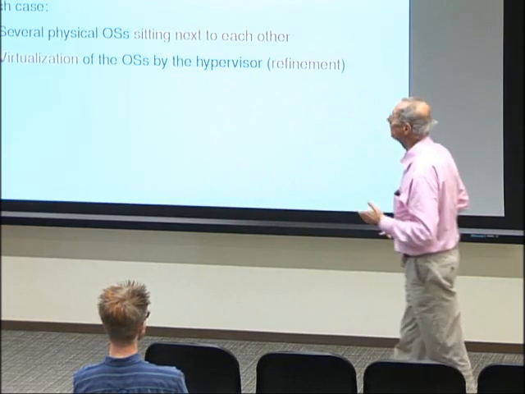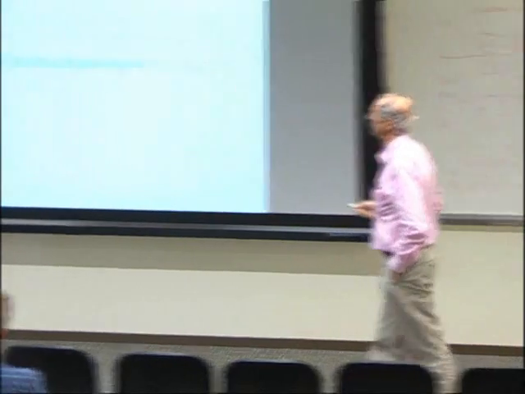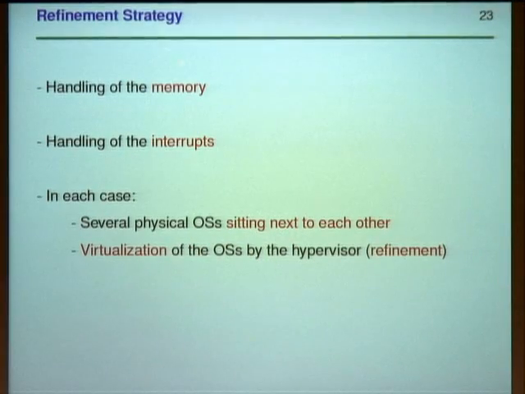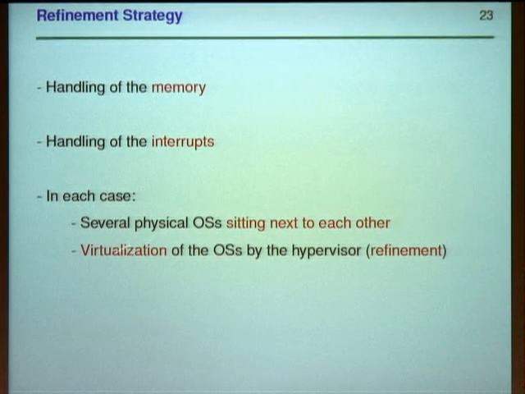And now we are ready to do a refinement strategy. The refinement strategy we will follow is the following: handling of the memory, and later on, handling of the interrupts, because the things are pretty orthogonal. And in each case, as Rustin said, we are going to have several physical OSs sitting next to each other. So we just formalize this.